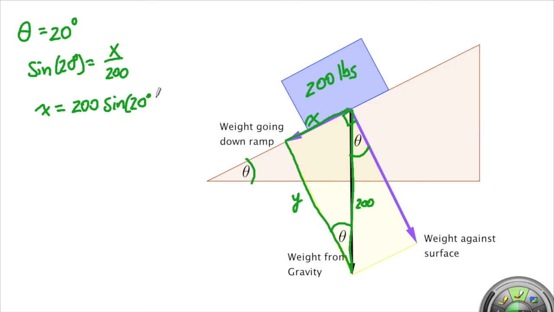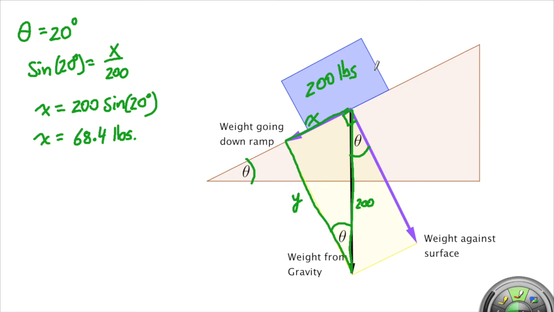So you get 200 times sine of 20. Just make sure your calculator is in degree mode. So 200 sine of 20. The amount of the weight, the 200 pounds, that's trying to go downhill is 68.4. So 68.4 pounds of force are trying to go down the ramp.